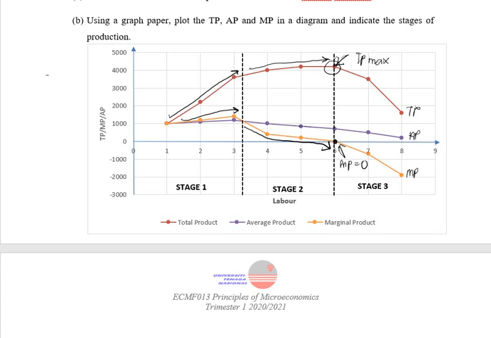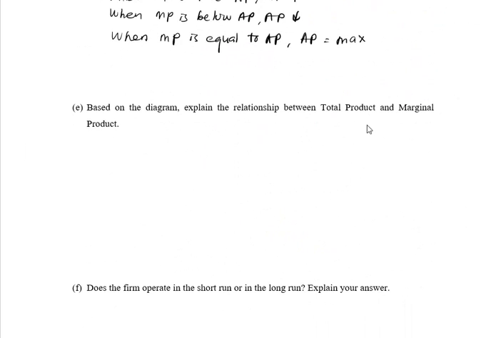That is the third relationship. Now, at stage 3, when total product starts to decrease, the marginal product will be negative, showing that the additional production is decreasing. So those are 4 relationships that you can explain. First, when total product increases at an increasing rate, marginal product will increase.